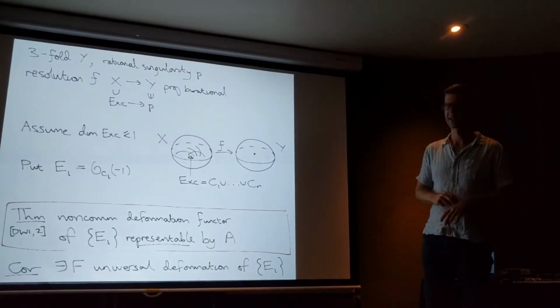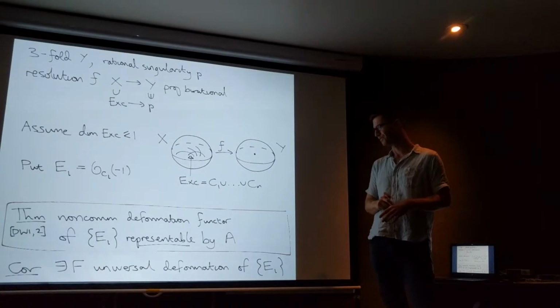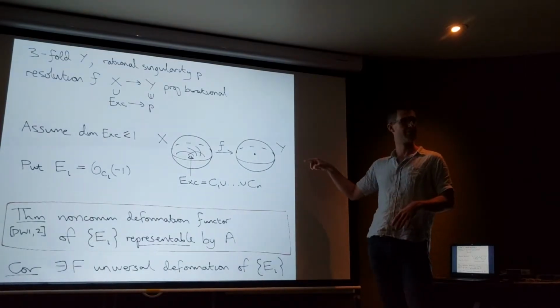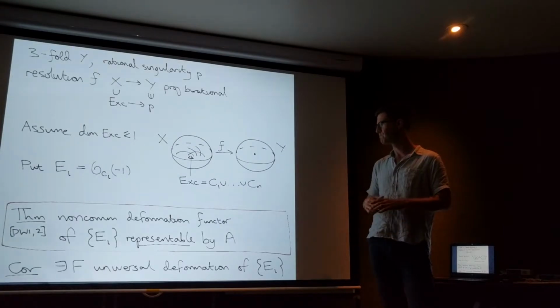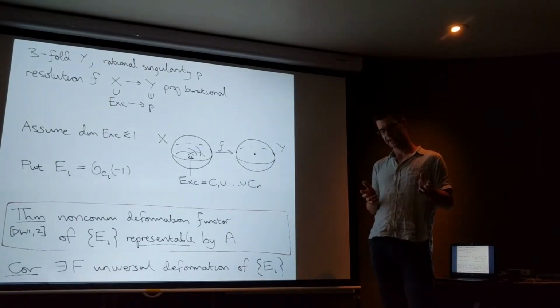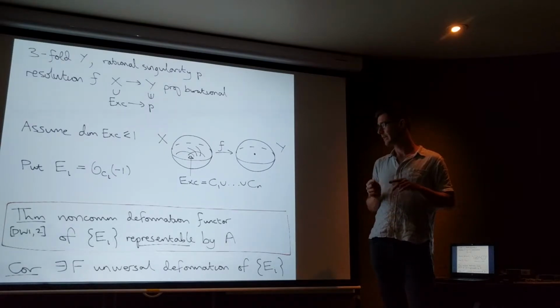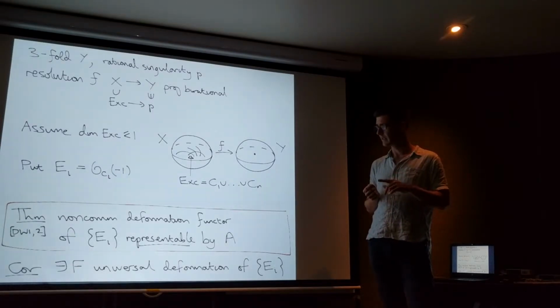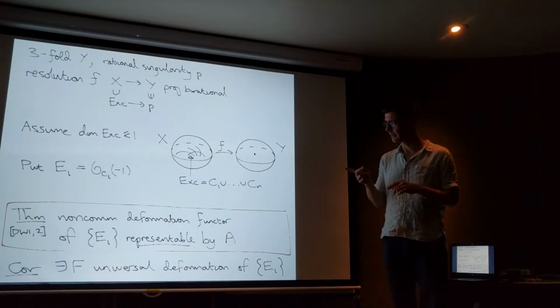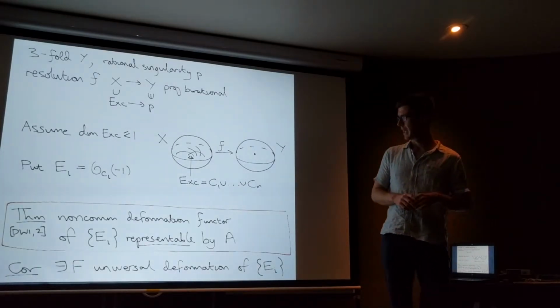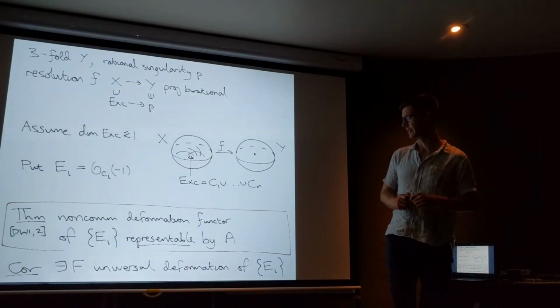So the dimension of the exceptional locus is 1. Because P is a rational singularity, it follows that this exceptional locus is actually a tree of projective lines, C1 to Cn. As before, I take the structure sheaf on these Cs, and for convenience later I'm going to twist by -1. Those are the Ei's that I'll deform.